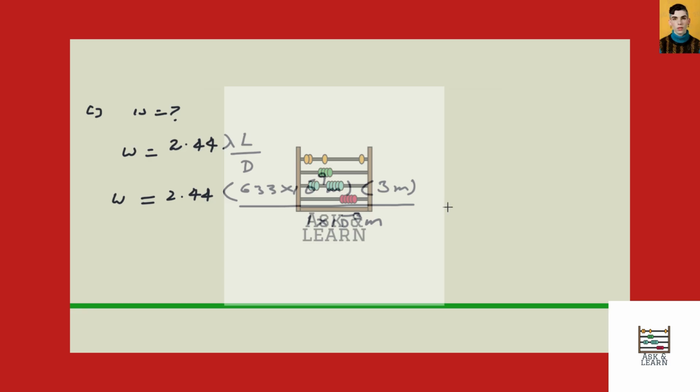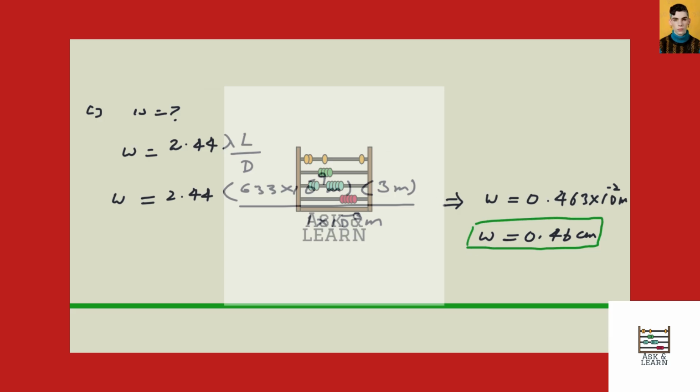So this will give us the value for this omega as 0.463 multiplied by 10 raised to the power minus 2 meter. It can be written as omega equals 0.46 centimeter. So this is the answer of part C of this problem.